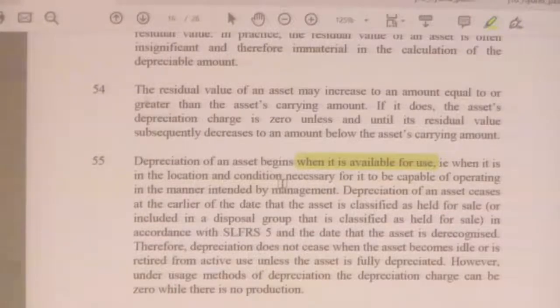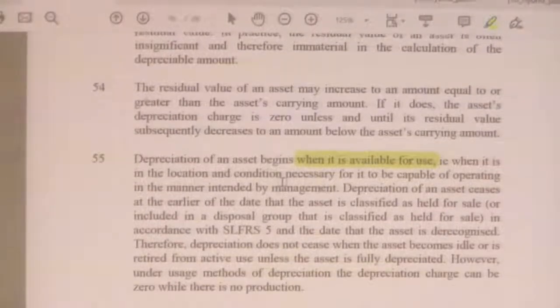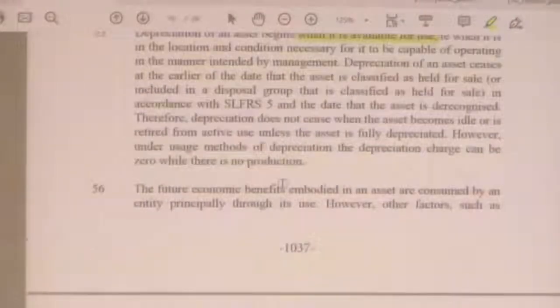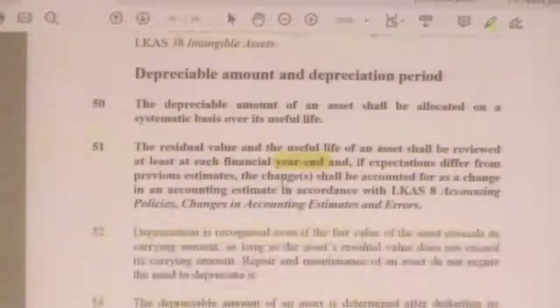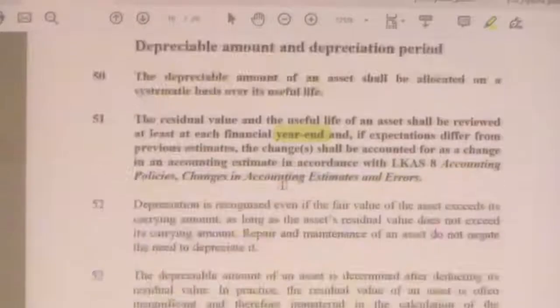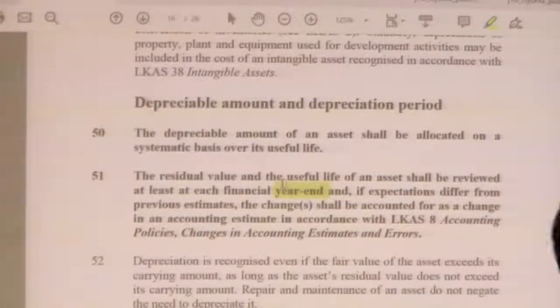Now the last part I am trying to take, paragraph 6 and 51. Take 51, residual value, not the realizable value, residual value. I don't have space, therefore I will take somewhere here.